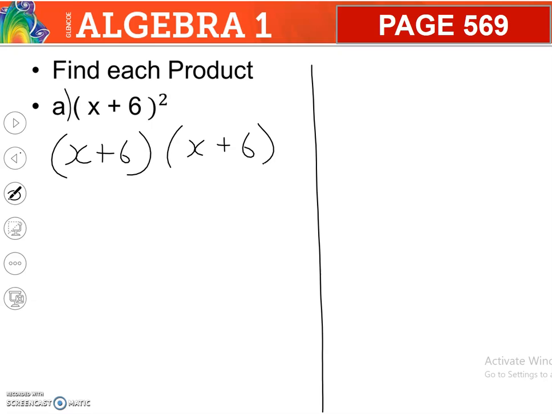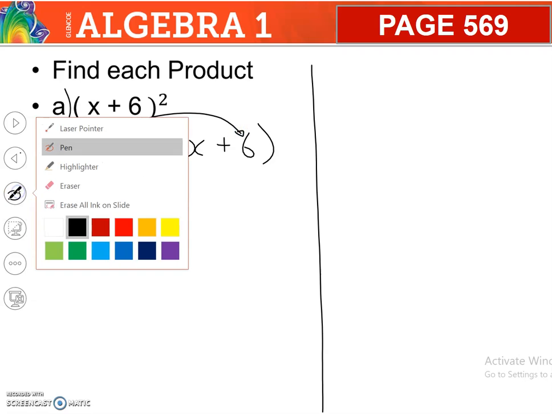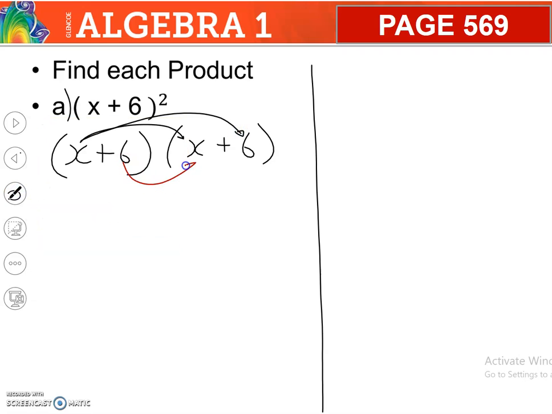So x multiplying x and x multiplying 6, and continue by 6 multiplying x and 6 multiplying 6. x multiplying x gives us x squared plus x times 6, 6x, and the next one, 6 times x, will give us 6x, and 6 times 6 gives us 36.